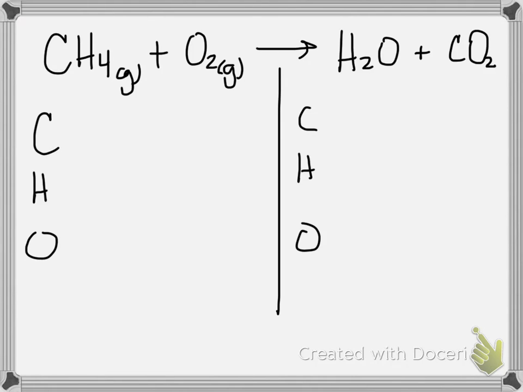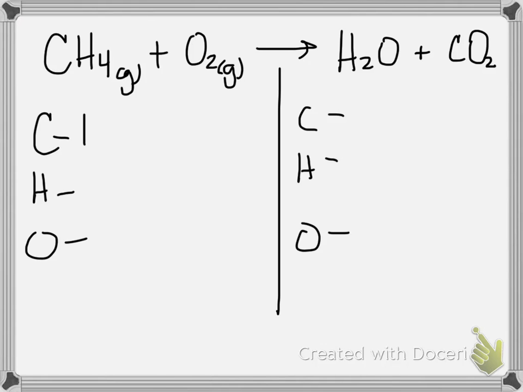So we'll go ahead, and when I balance a chemical equation, I write CH4 and O2. This is how I start off balancing a chemical equation. I draw a line down from the arrow showing reactants and products, and I list how many of each atom I'm starting off with.